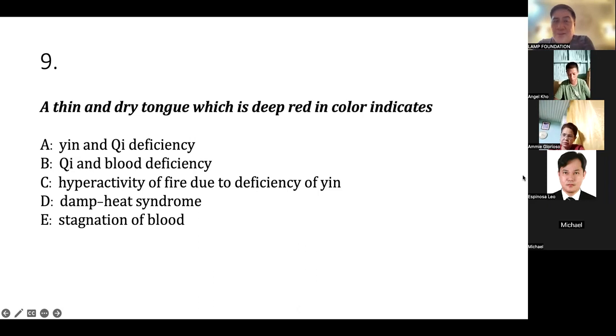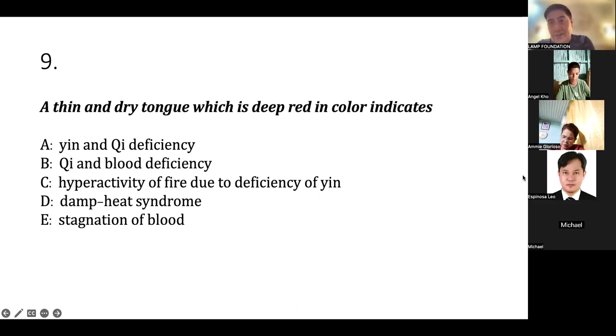So, the key word here is deep red. That means super tagal na. From yin deficiency, nagkaroon ng empty heat. Then now we have hyperactivity of fire. And this time, there's too much deficiency, kaya manipis na po yung, payat na po yung tongue.